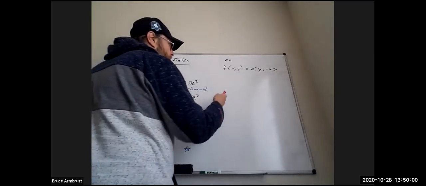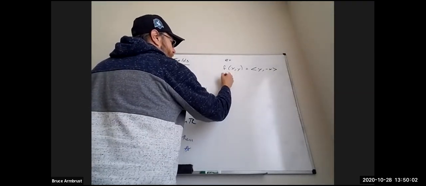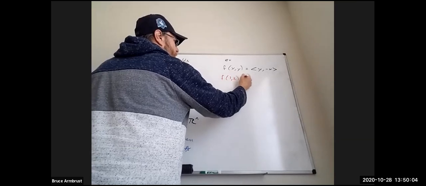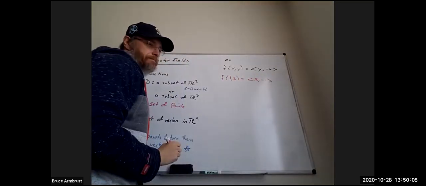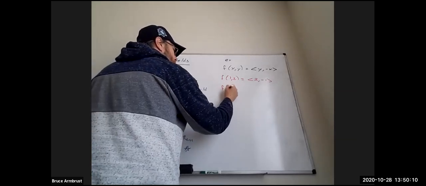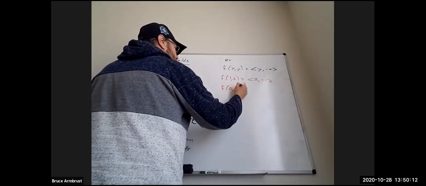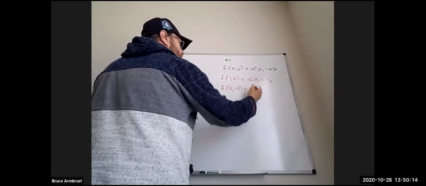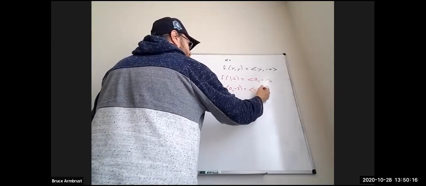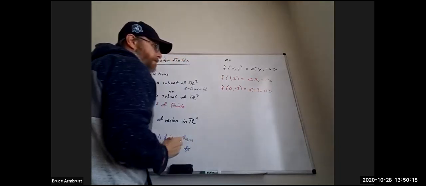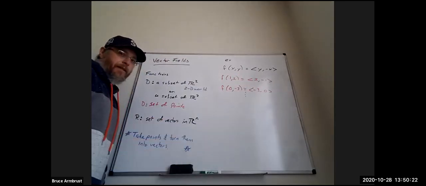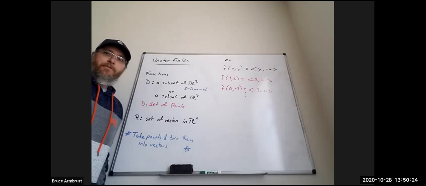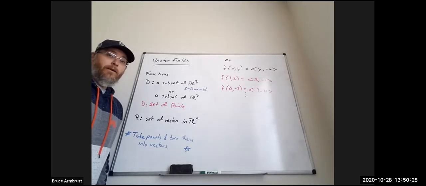If we were to do this for a couple of different points, like let's say we did f of 1, 2, that's going to give me the vector 2, negative 1. Or we do f of 0, negative 3. Well, that's going to give us negative 3, 0, and so on and so forth. I don't think I really need to show you more examples because it's pretty straightforward how they work.